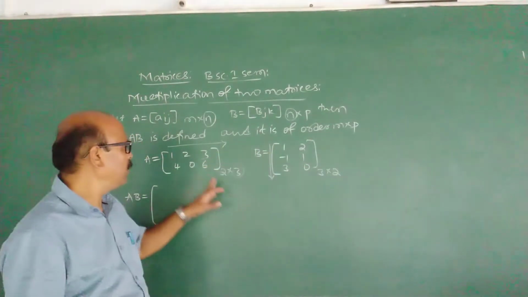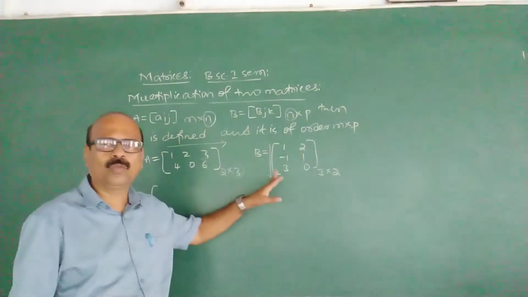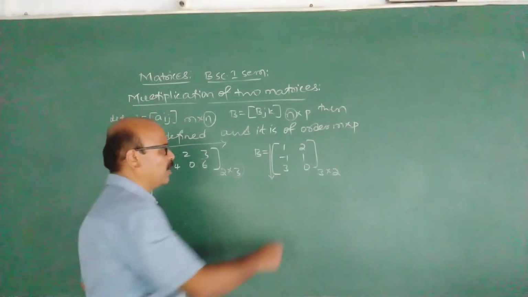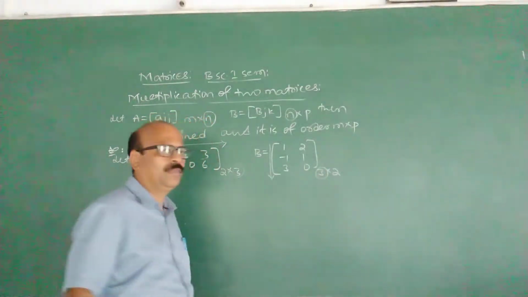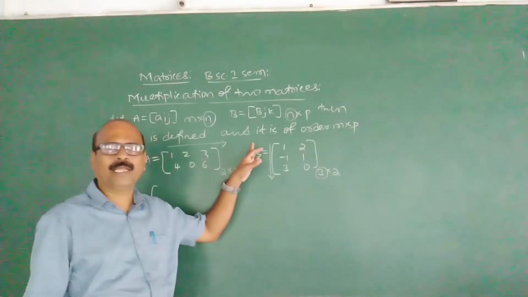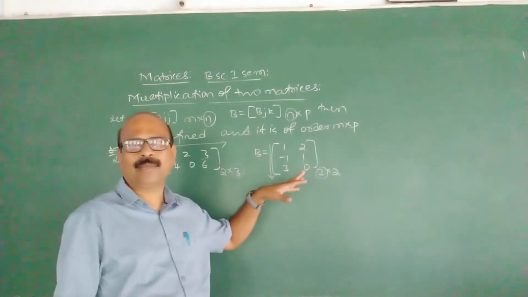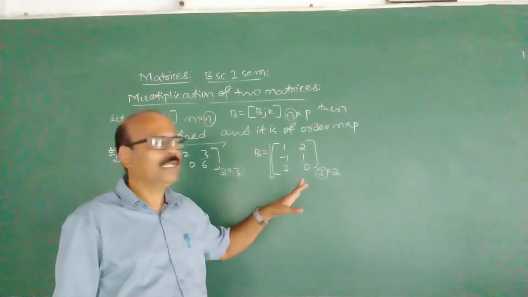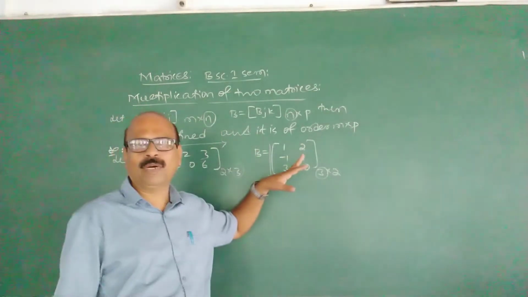While finding the product of two matrices, always verify whether the product is defined, because the product of two matrices may not be defined sometimes. A matrix is a different thing. It is an arrangement of numbers.